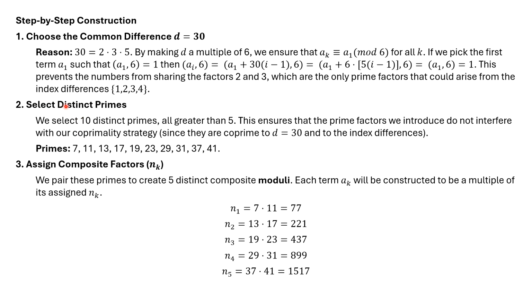Okay, then we proceed. We want to select distinct primes. We're going to need 10 of them, one for each of our elements in the progression, all greater than 5. This ensures that the prime factors we introduce do not interfere with our coprimality strategy, since they are coprime to the difference equaling 30 and to the index differences.